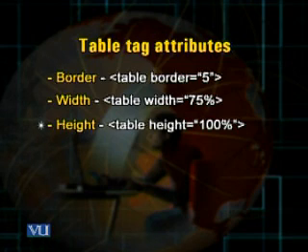Similarly, in the height attribute, I can keep the value in terms of percentage, say 100%. That would mean that I want my table to be displayed throughout the browser screen, 100% height of the screen. So in this way, I can adjust the size of my table. Let me point out that we can use the BG color and background attributes in relation to TR and TD tags individually as well.